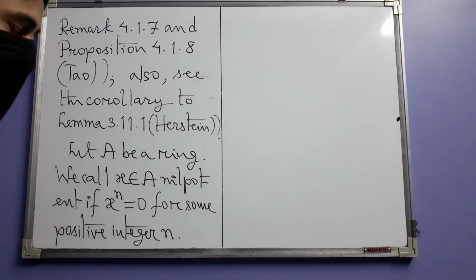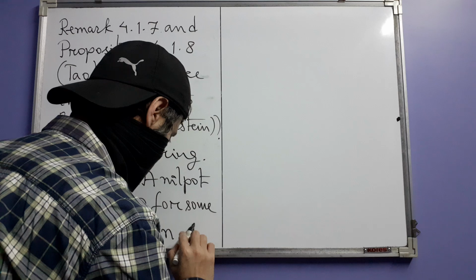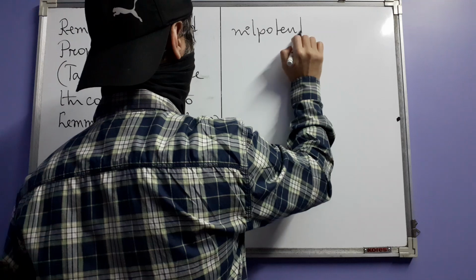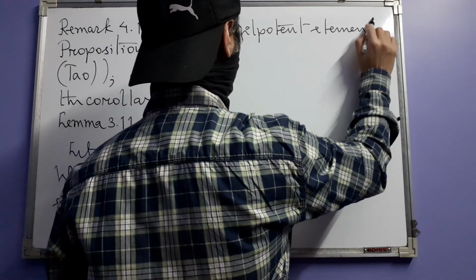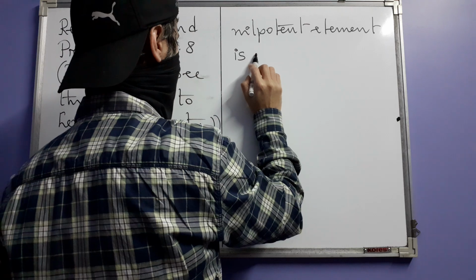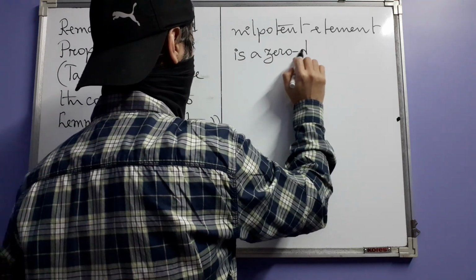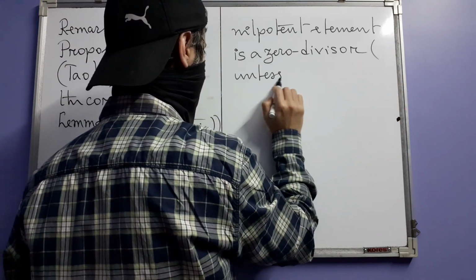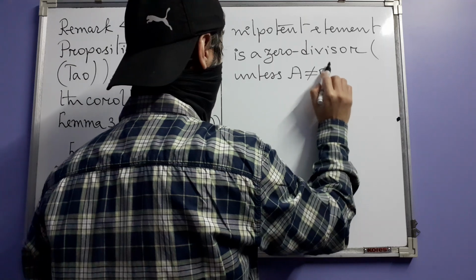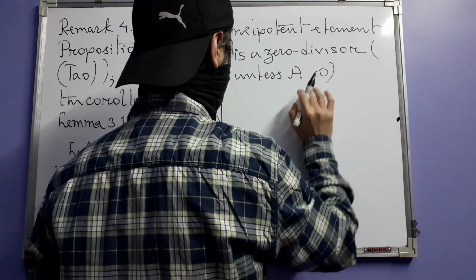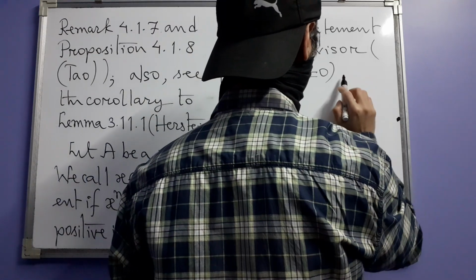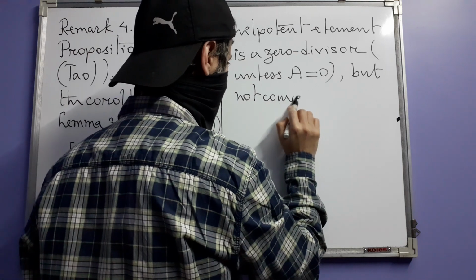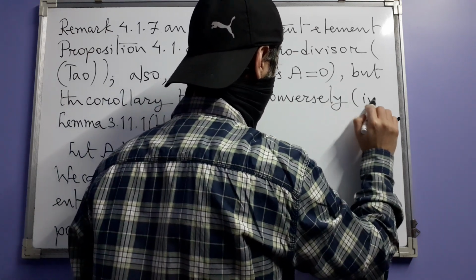And then the authors make a statement. A nilpotent element is a zero-divisor also, unless the ring is 0, but not conversely in general.